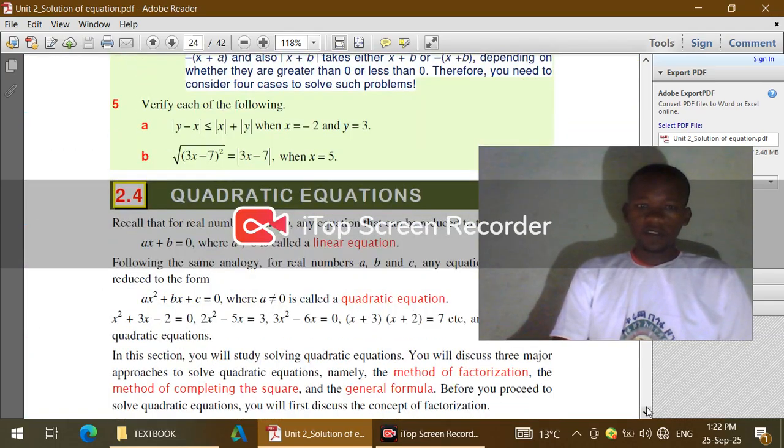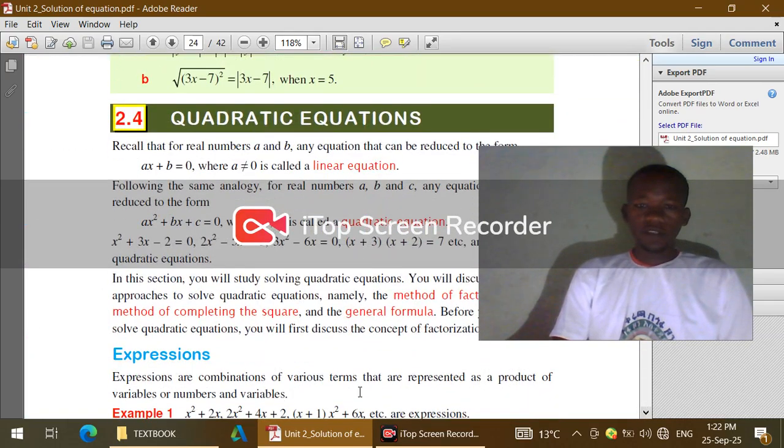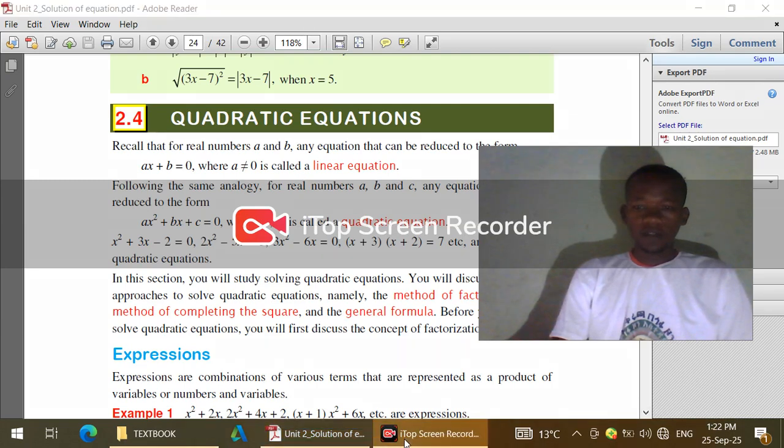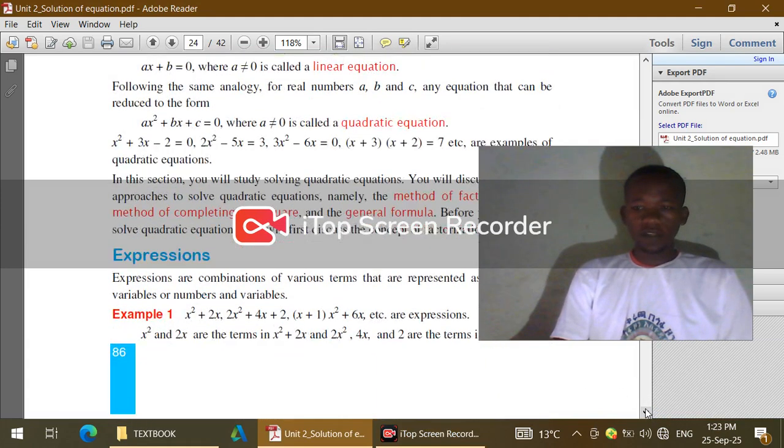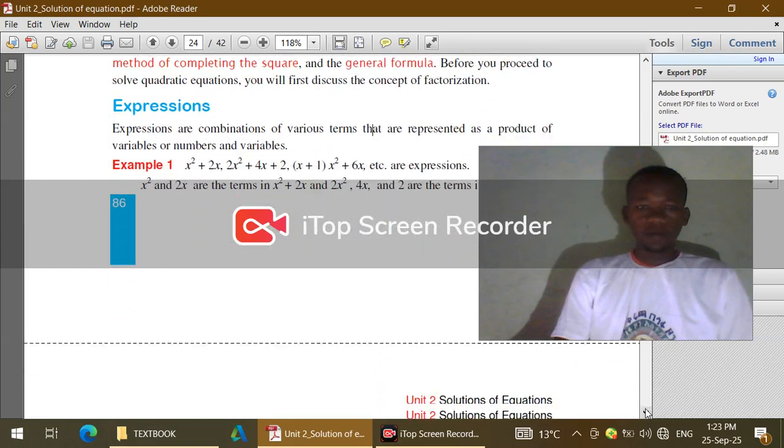Lastly we are going to see the equation involving quadratic equations. A quadratic equation has a different formula.